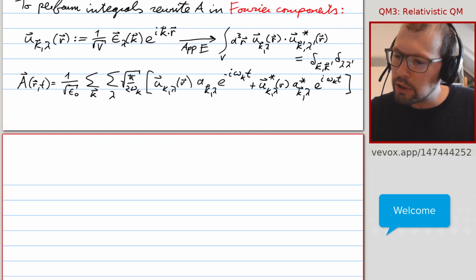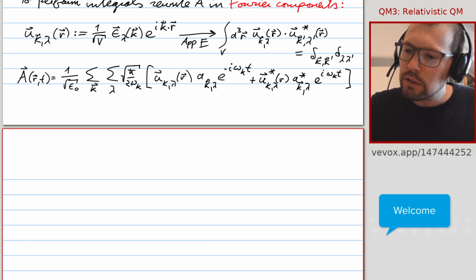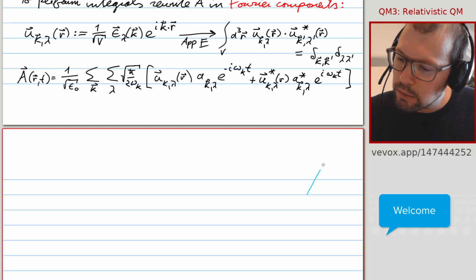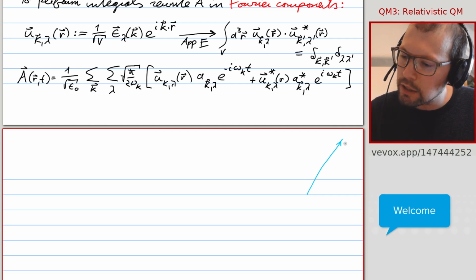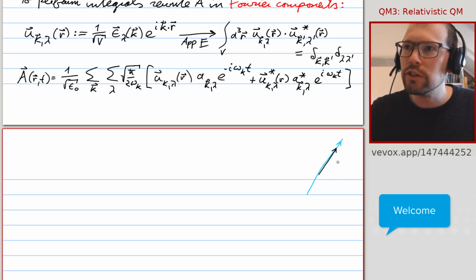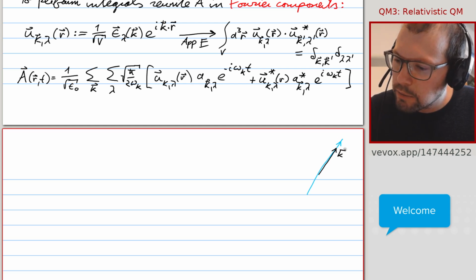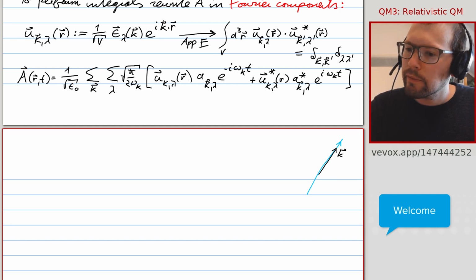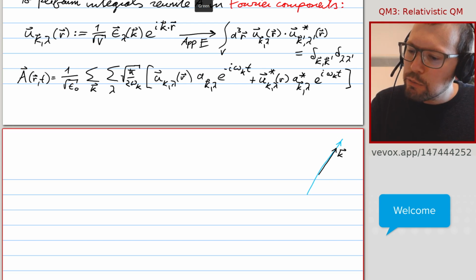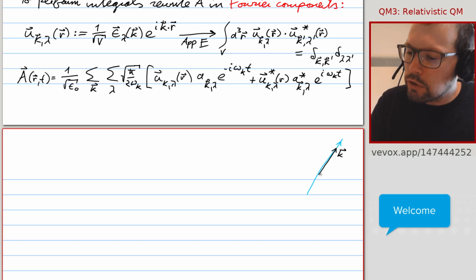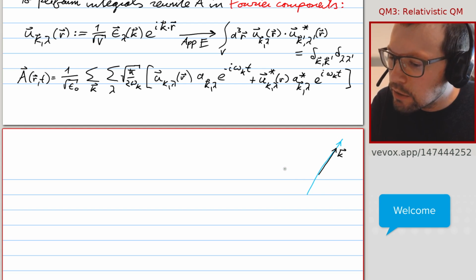So let's remember how this polarization depended on the wave vector. We have here our wave vector k, along the direction of propagation. And then these polarizations were spanning the plane orthogonal to this propagation direction.